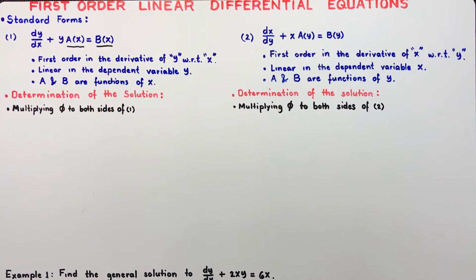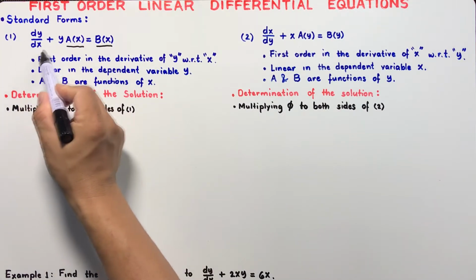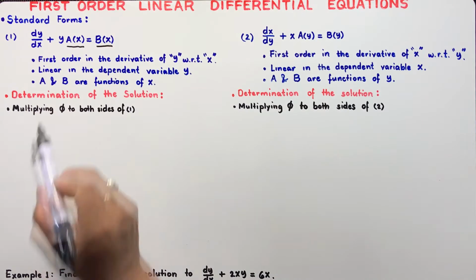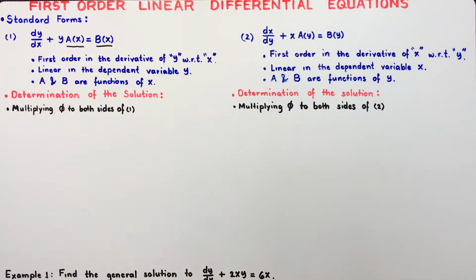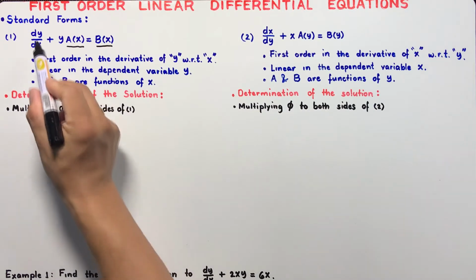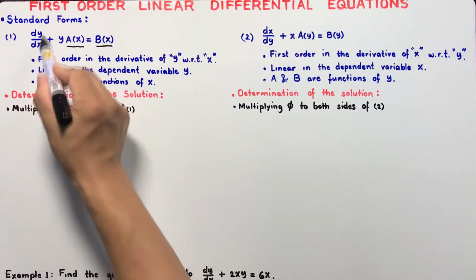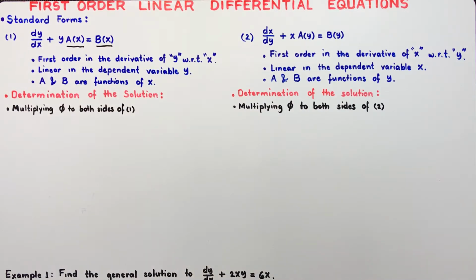Actually, a first-order differential equation is said to be linear if it can be written in the following form: dy/dx plus y times a of x is equal to b of x. Now, this differential equation is a first-order differential equation because you can see here that this is the first derivative of y with respect to x.